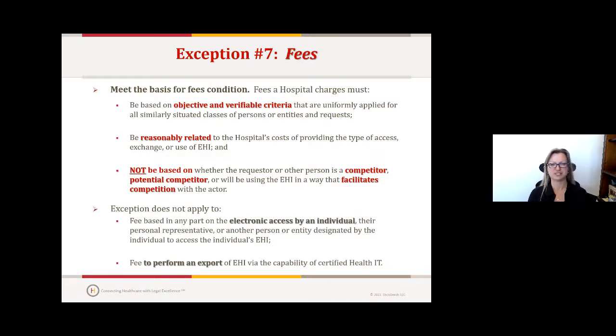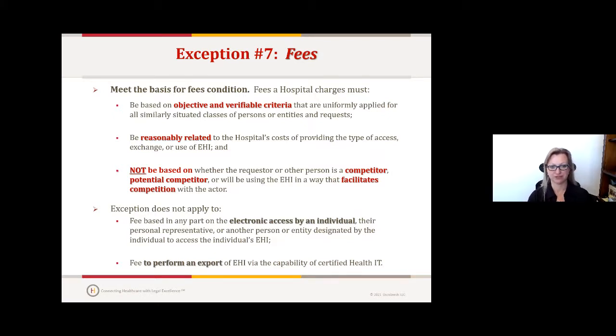Okay, fees. The bottom line here is if you are charging fees for any reason in exchange or in connection with a request for EHI, you have to make sure that it fits within this exception. Imposing any kind of fees as a condition to the sharing of electronic health information could be considered an interference unless there is objective and verifiable criteria for the fees.